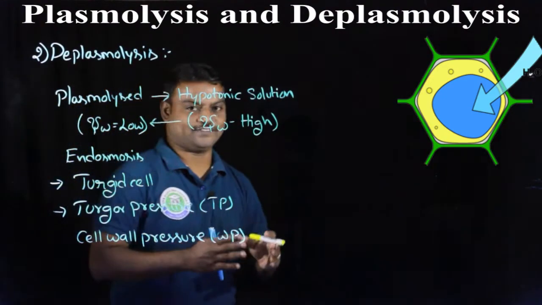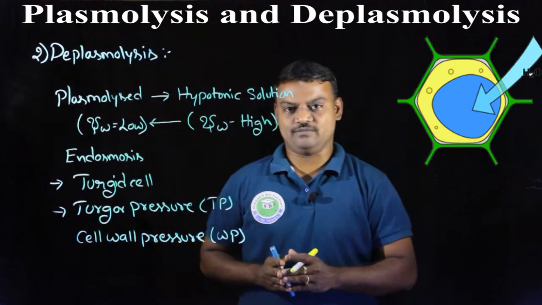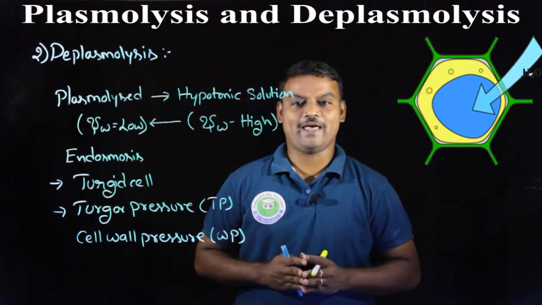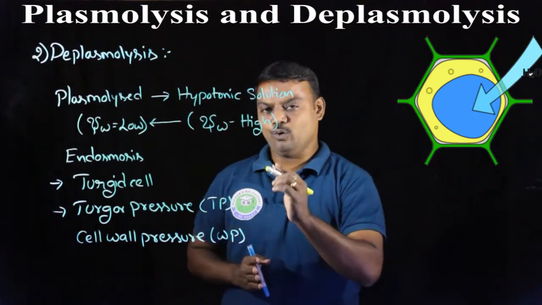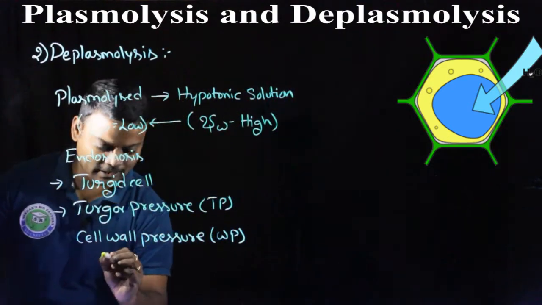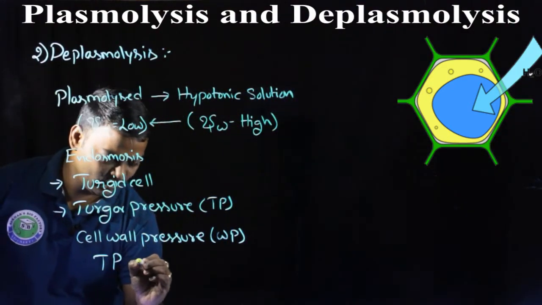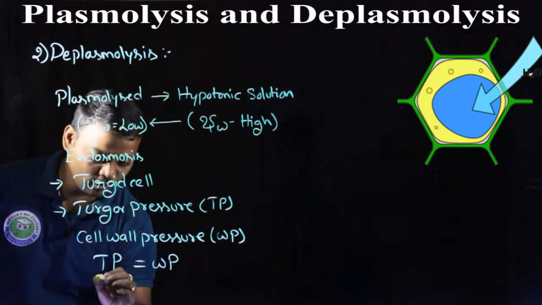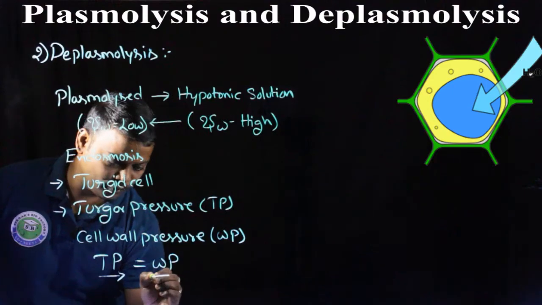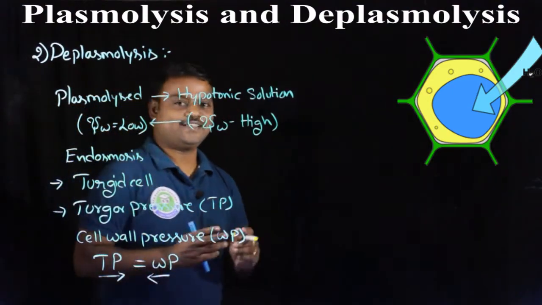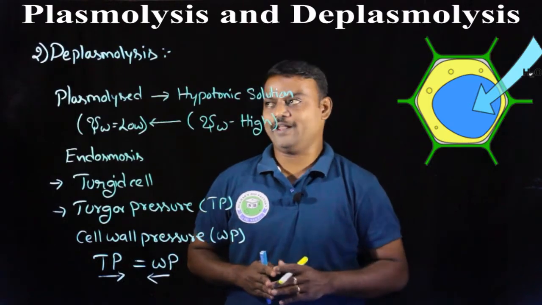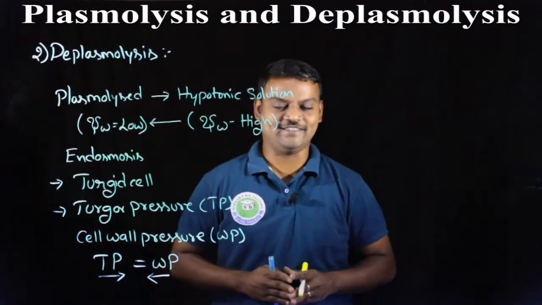So in this condition, when water enters the cell, at this time both the turgor pressure and wall pressure become equal, but are signed in opposite directions. The cell is called a turgid cell, and this process is called deplasmolysis.